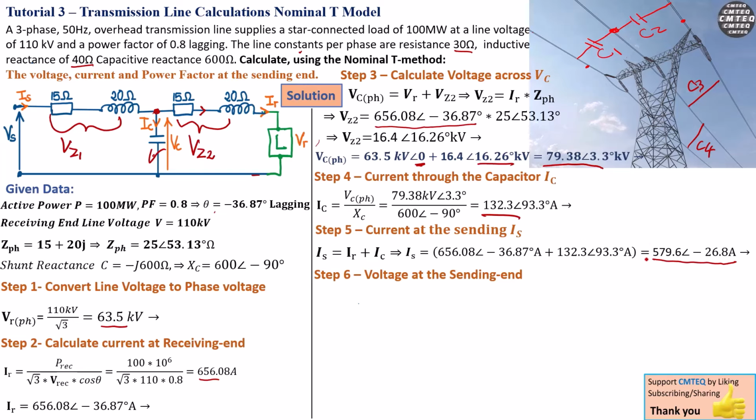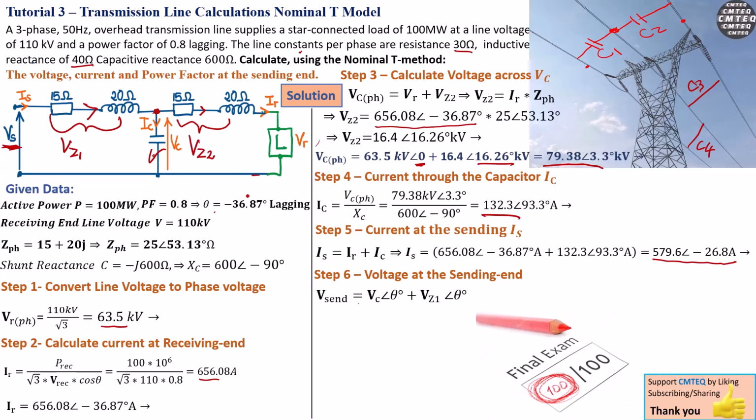Since we now know the current across these series impedances, it is very easy for us to calculate VZ1. That way we can take this voltage and add it to this voltage to find the voltage at the sending end. There you have it, guys. Very simple, then you've got your problem solved and get the full marks.